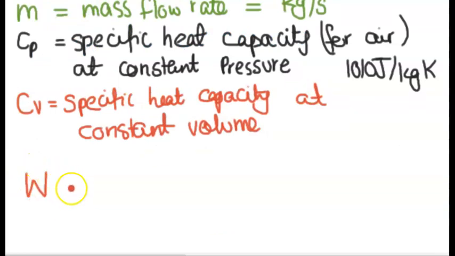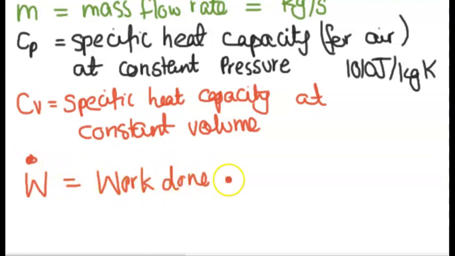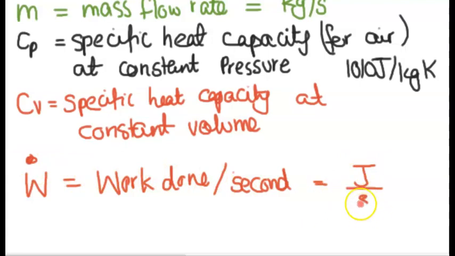So W is work done. But if there's a W dot, work done per unit time. Now, the unit for work done is joules, but with dot, joules per second.